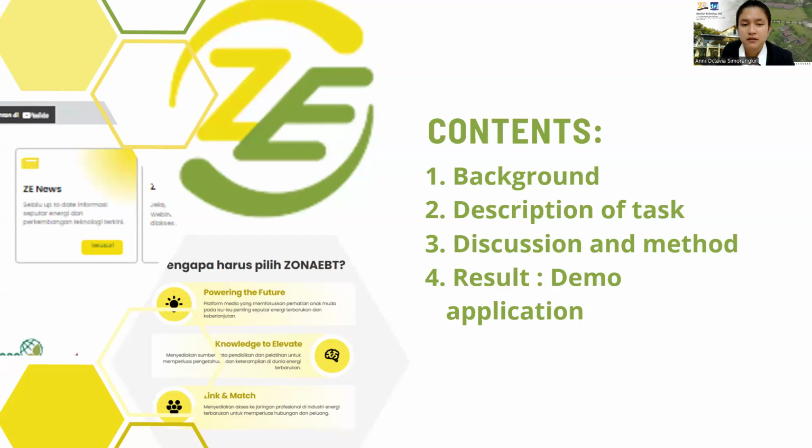The third part is discussion and method. This part shows how I conducted the practical work, how I did all of the tasks, and the method that I chose to do my practical work. And the last is my result with a demo application.